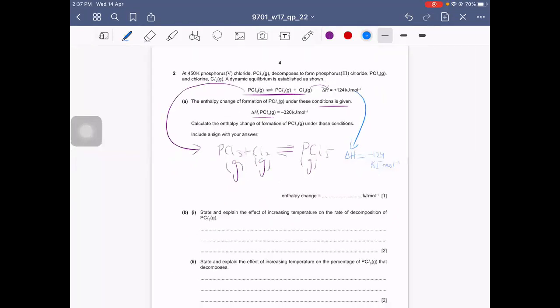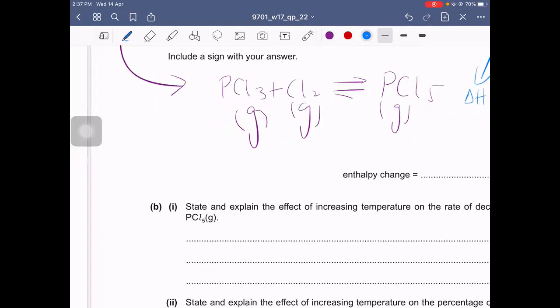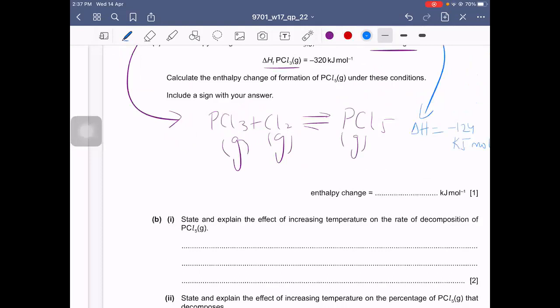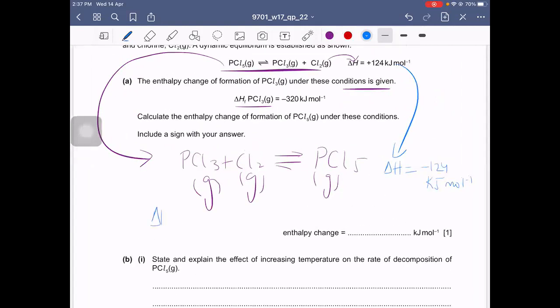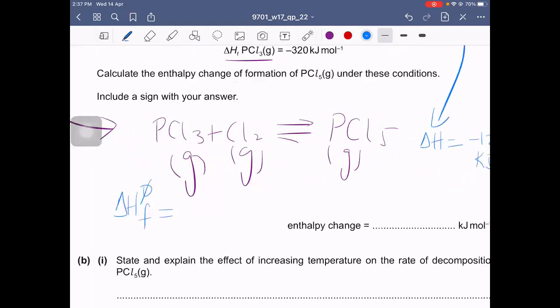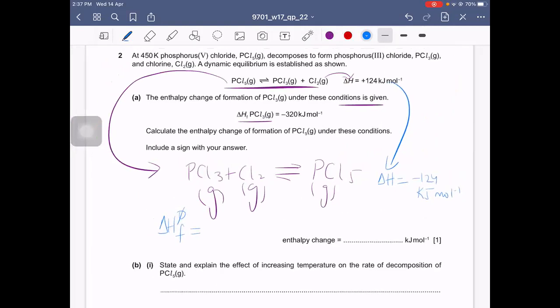And you need to understand that the enthalpy change of formation now is the enthalpy change of formation of PCl3 and the enthalpy change of reaction of this reaction.